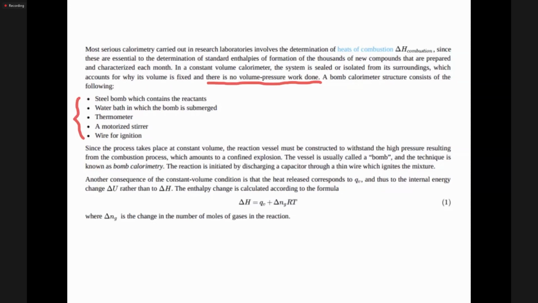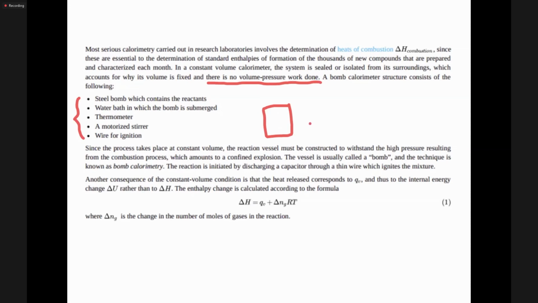Now, since the process is taking place at a constant volume, the reaction vessel must be constructed so that it can withstand very high pressure. Because of the combustion process, many gases will be evolved that will increase the pressure inside, because you see it is a sealed container, and inside this sealed container I will generate a larger amount of gas by combustion.